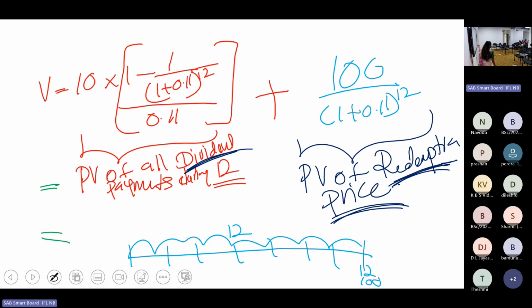What is this one? What's the value here? 10 multiplied by the annuity factor, 64.9, plus. The next part, what is it? Present value of redemption price. How much is it? 28.58.